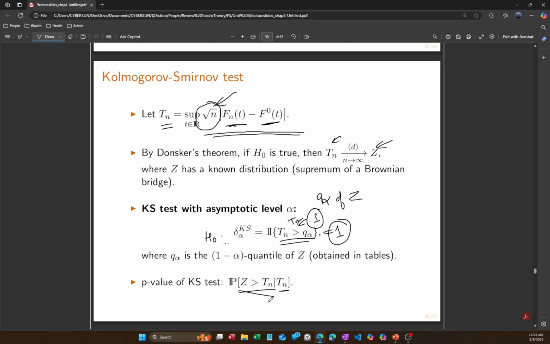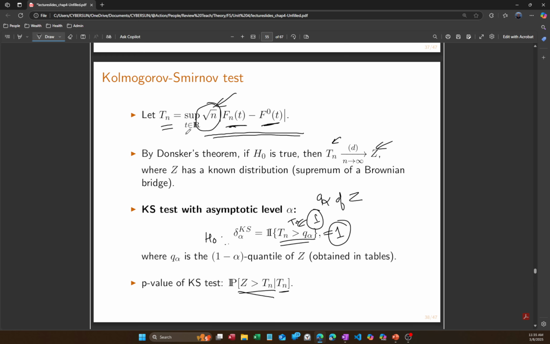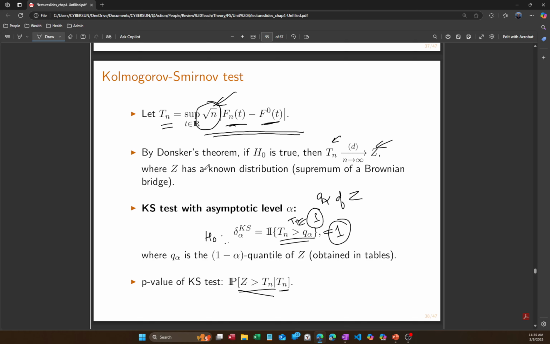This is the probability that the supremum of the absolute value of the Brownian bridge exceeds the observed value of Tn.